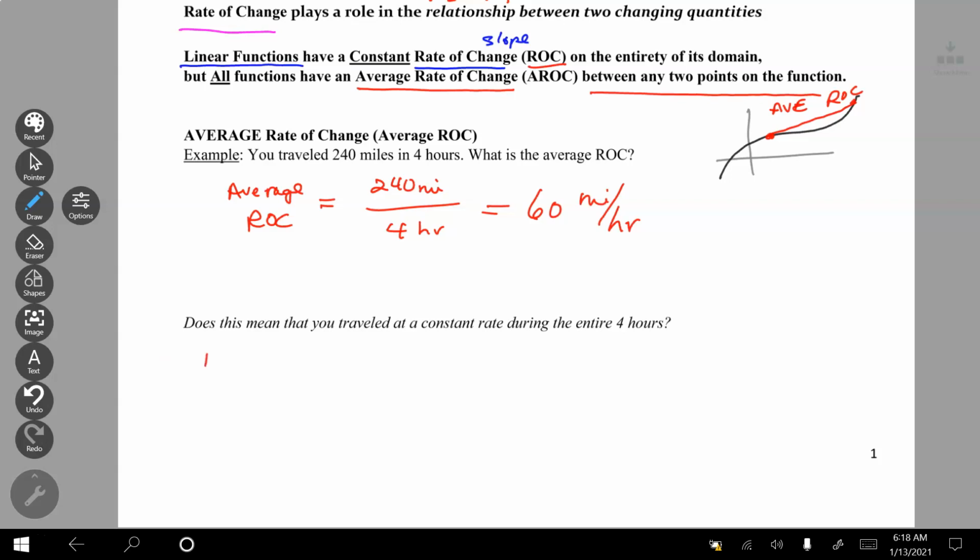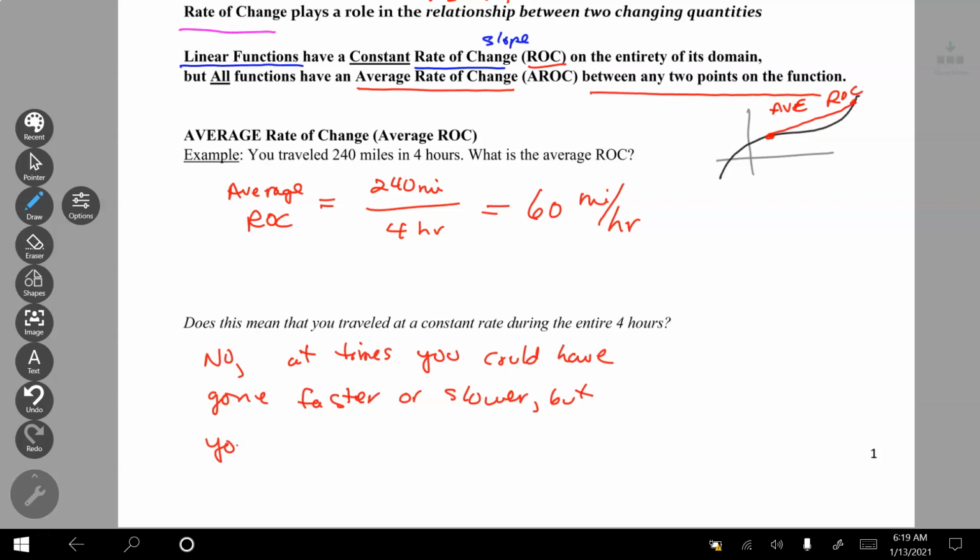No. At times, you could have gone faster or slower. But you averaged 60 miles per hour for the 4 hours.